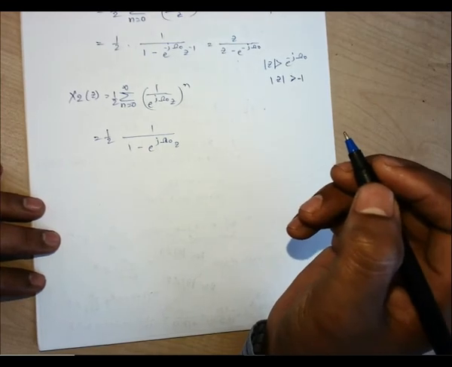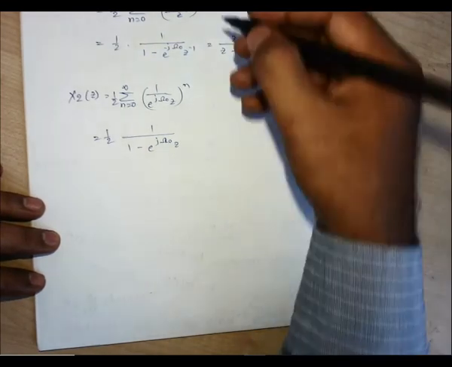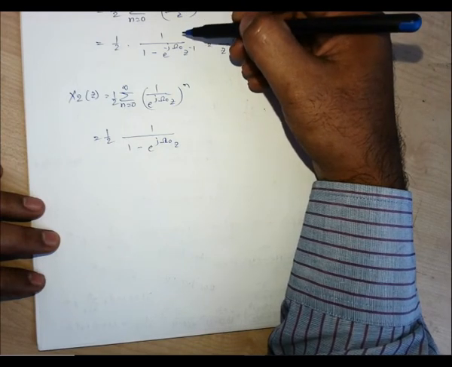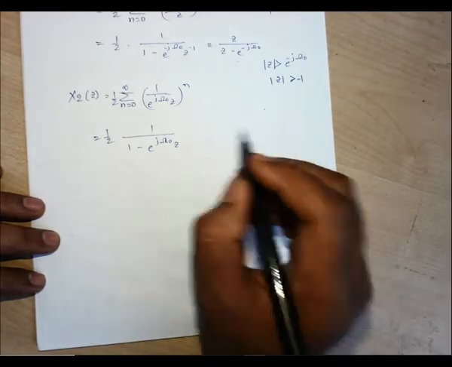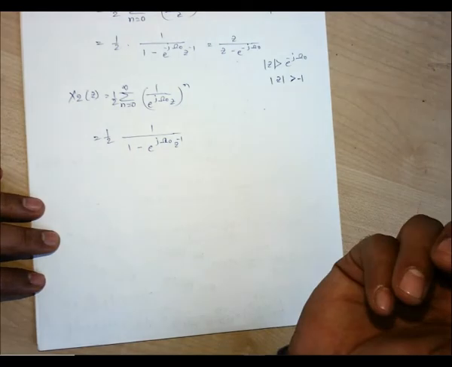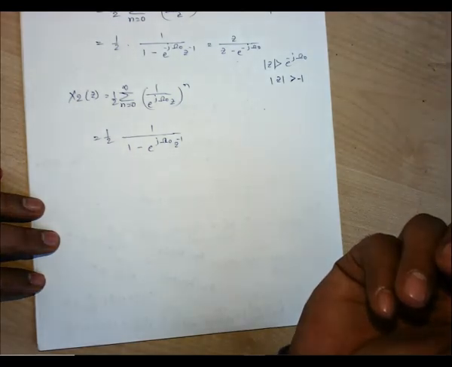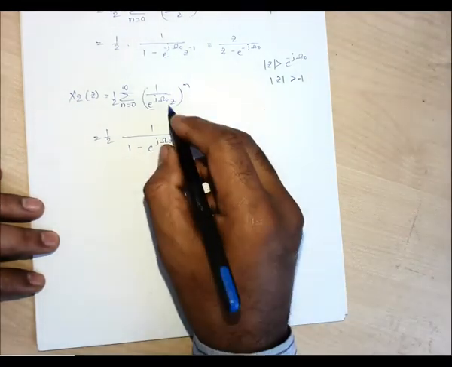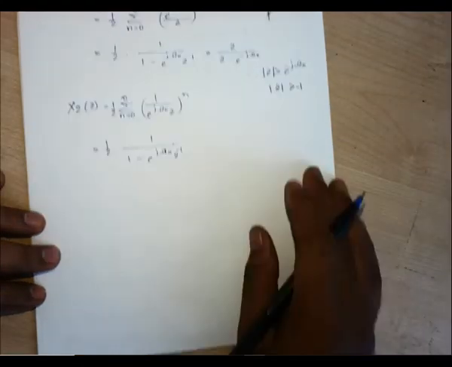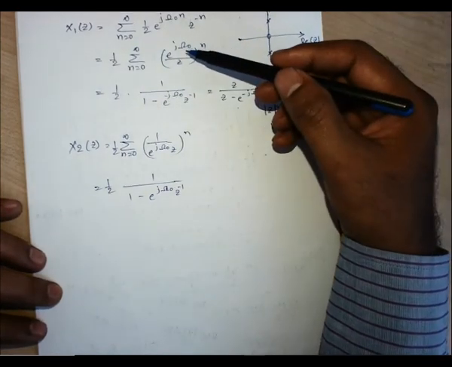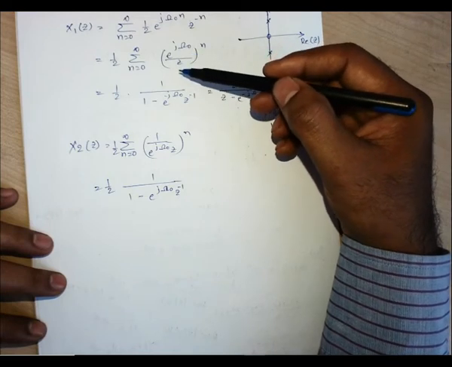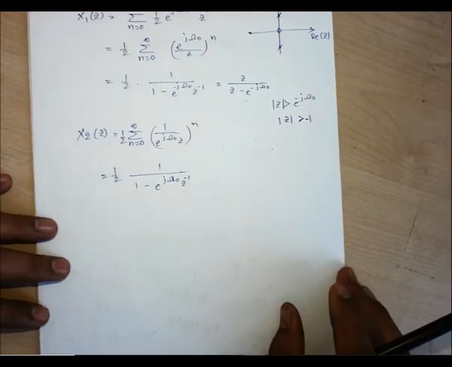If I am not wrong, it is minus, so this one will become the numerator, that is minus 1 by 1 minus z inverse. Am I correct? Right or not? Just tell me.